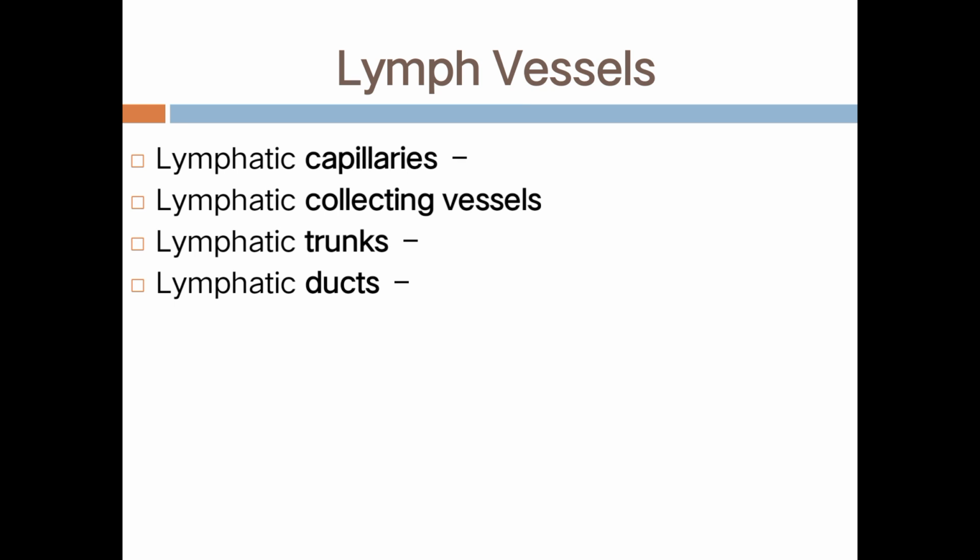Interstitial fluid is collected by lymph capillaries from the interstitial space. Lymph then moves through lymphatic vessels to lymph nodes. Lymphatic vessels merge to create the lymphatic ducts, which drain into the venous system.